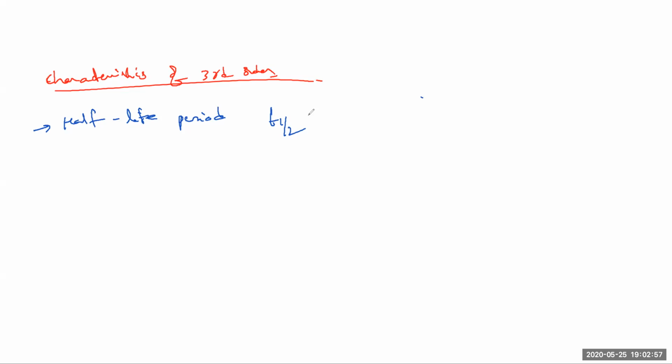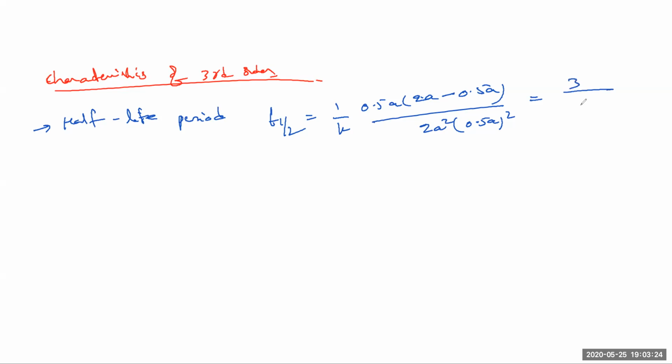That means T half is equal to 1 by K into 0.5A into 2A minus 0.5A whole divided by 2A square into 0.5A whole square. By calculating, we get 3 divided by 2A square into K.